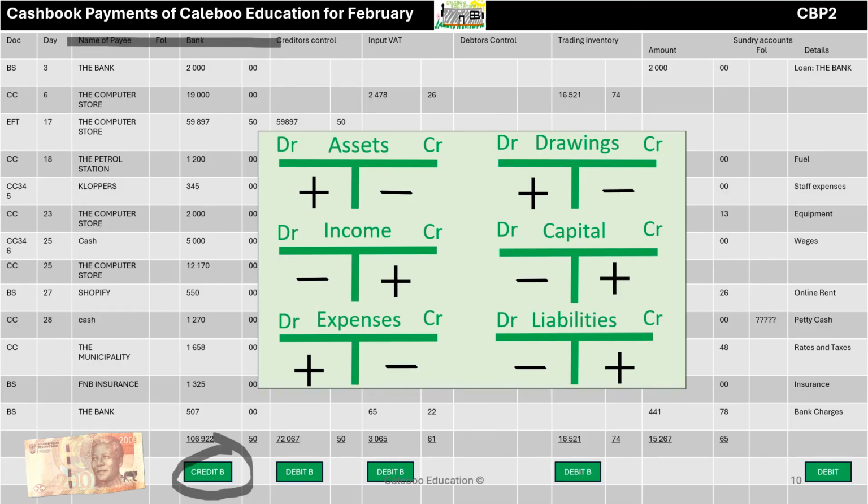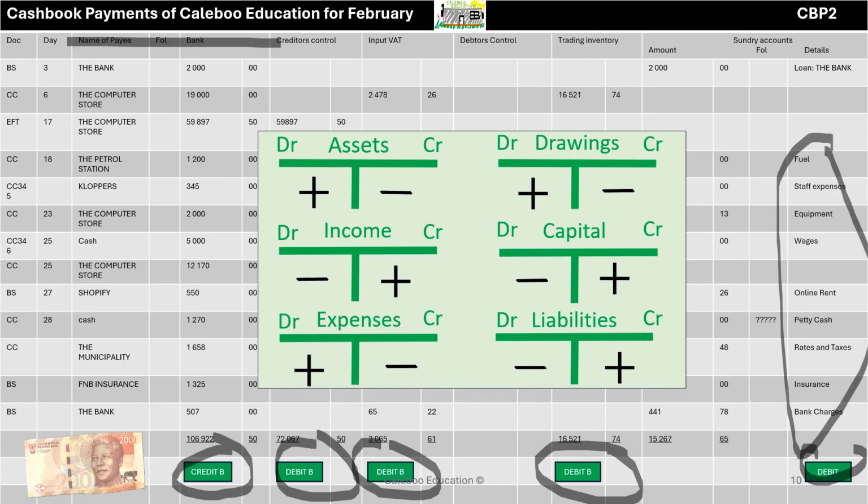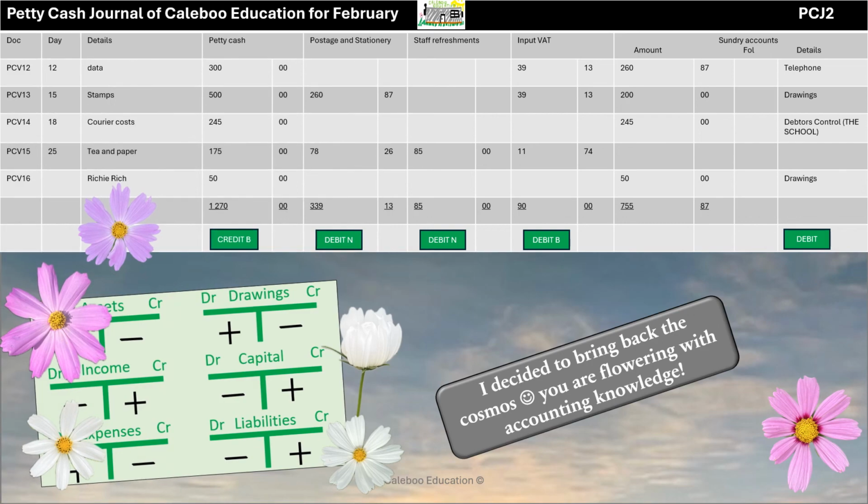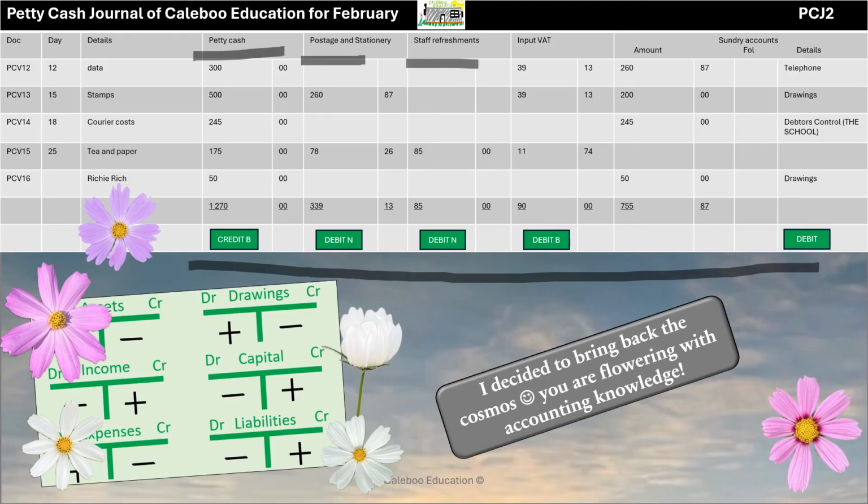All these accounts were either credited or debited in the general ledger. These as well, according to the accounting rules. There's a petty cash journal. According to the rules, those accounts in the general ledger were either debited or credited.